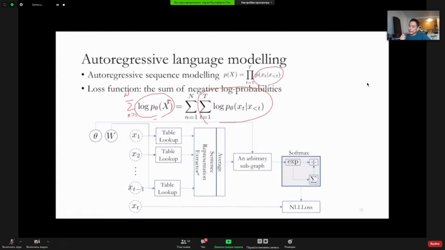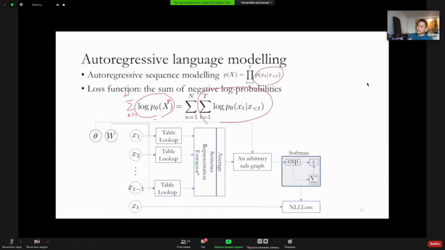And training this model corresponds to maximizing the log probability of the observed sentences from our training set, which is trying to train this text classifier to be able to assign as high a log probability as possible to the correct following token given all the previous tokens.